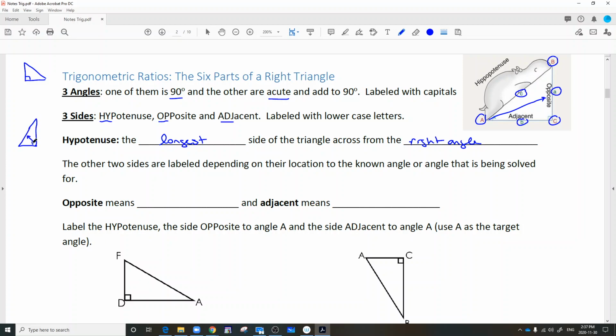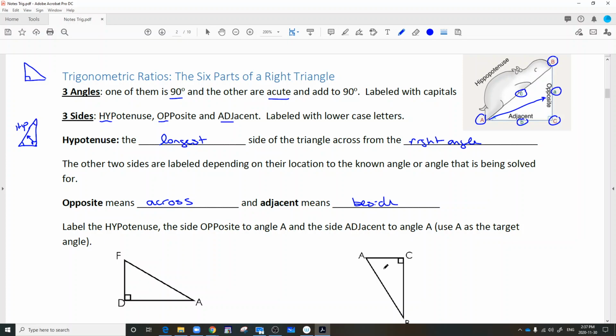It's the longest because this is the biggest opening here. Whereas these are smaller openings, so they get smaller sides across from them. Now, once we've labeled the hypotenuse, we want to label the other 2 sides, the opposite and the adjacent. Opposite means across, and adjacent means beside.